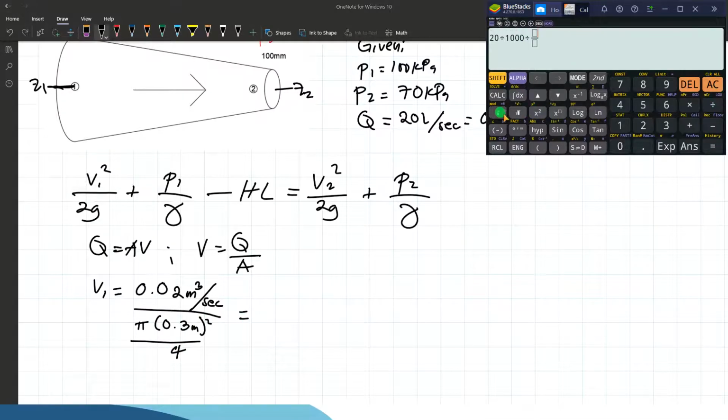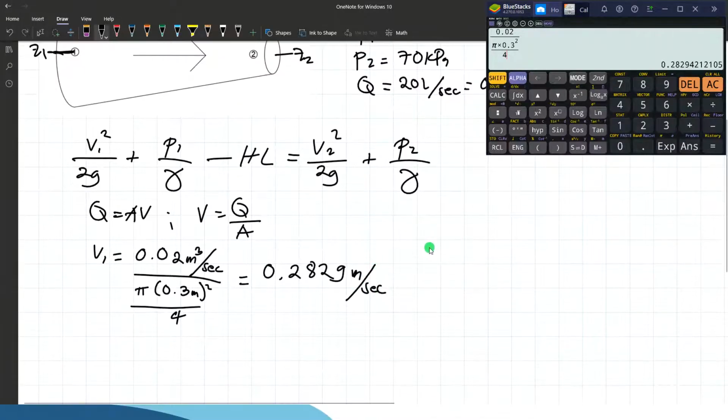So that's 0.02 over area, which is 0.2829 meter per second. And for velocity at point 2, we have 0.02 cubic meters per second divided by the area.